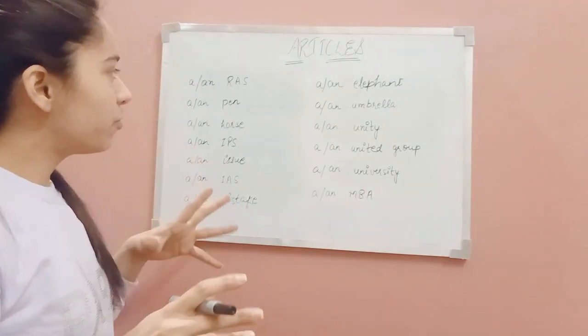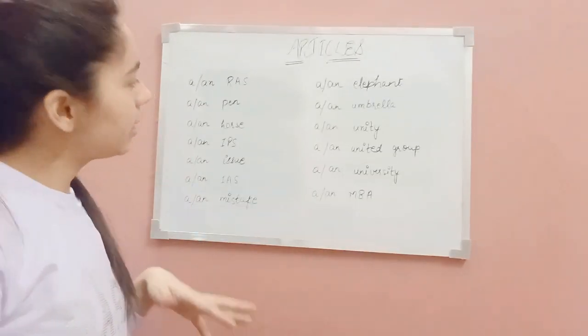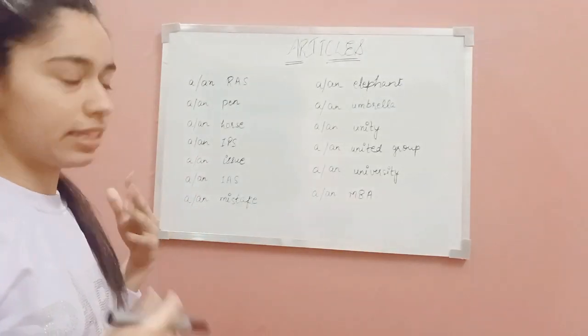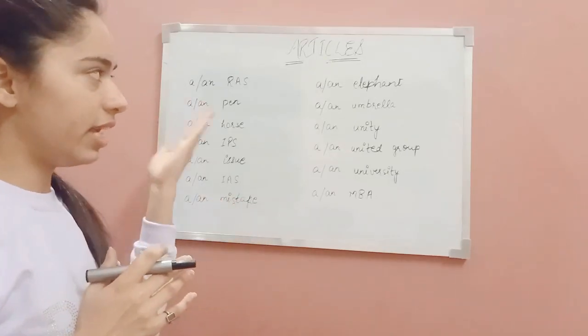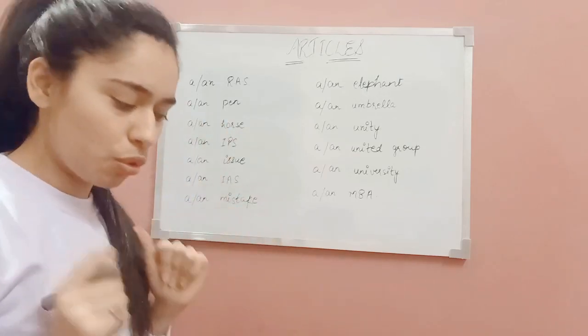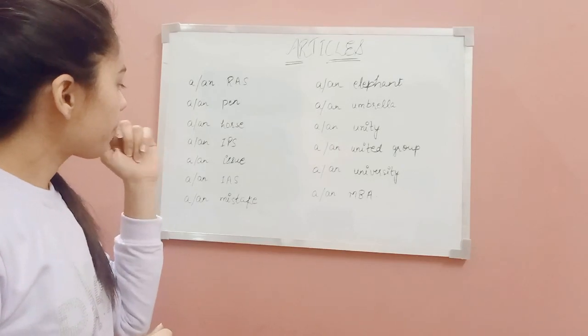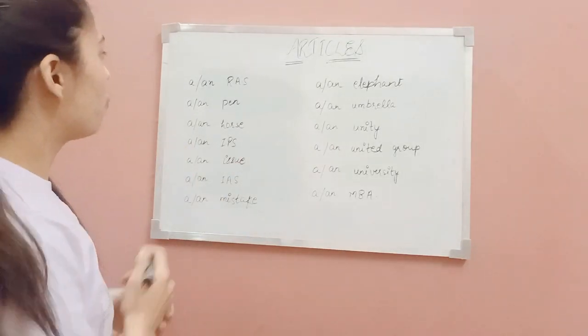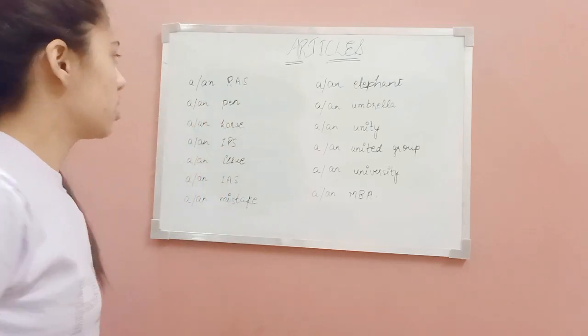I'm gonna give you 5 seconds for each one of these, and then I'll tell you the answer and explain why. If A is used, why A will be used. If AN is used, why so. Let's get started.